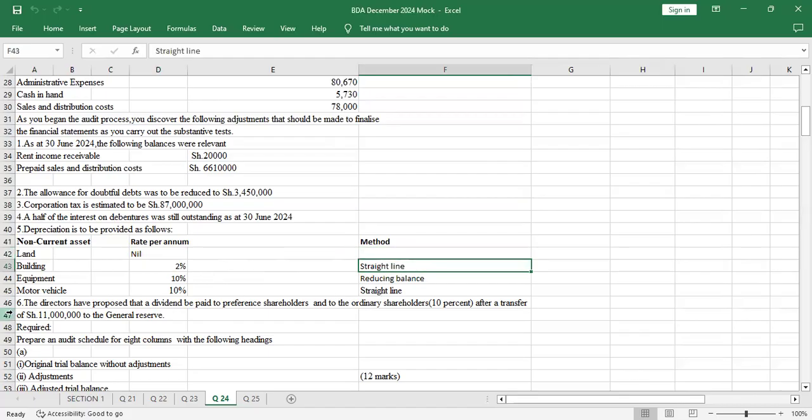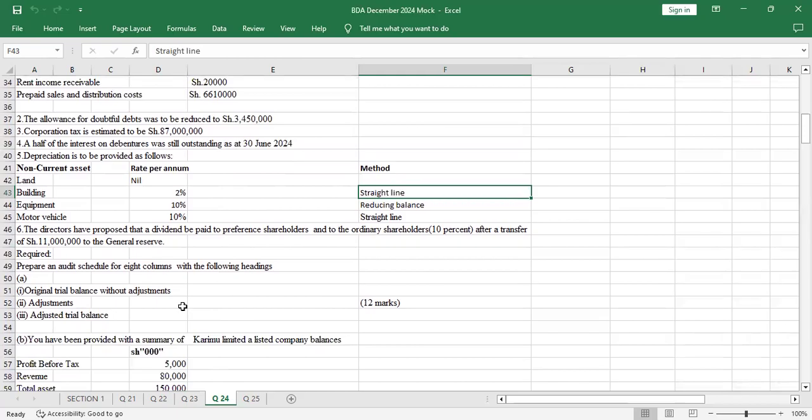Equipment was 10% on a reducing balance. Motor vehicle 10% on a straight line basis. Number six, the directors have proposed that a dividend be paid to preference shareholders and to the ordinary shareholders at 10% after a transfer of shillings 11 million to the general reserve.